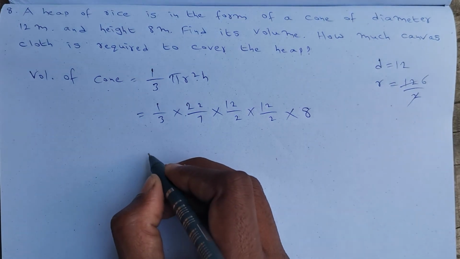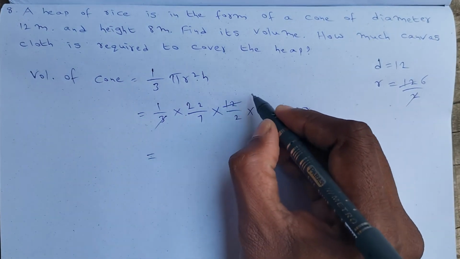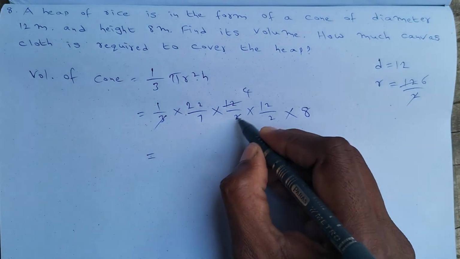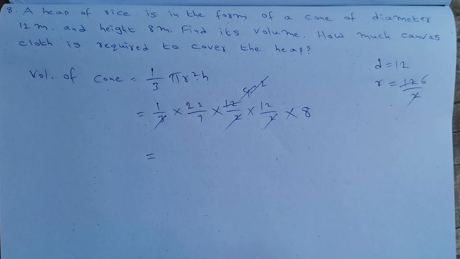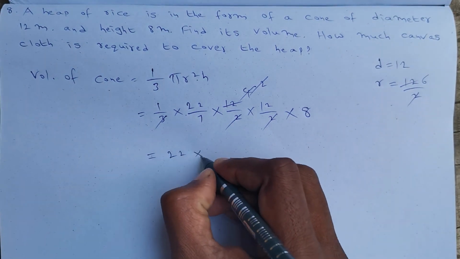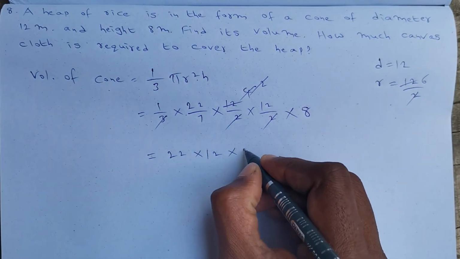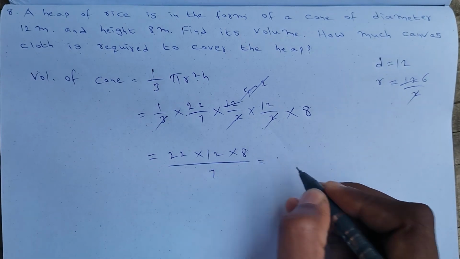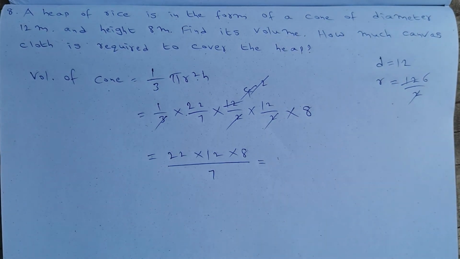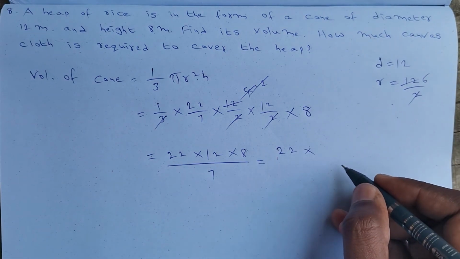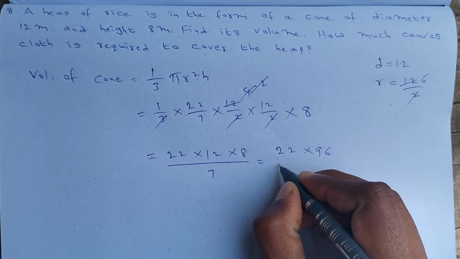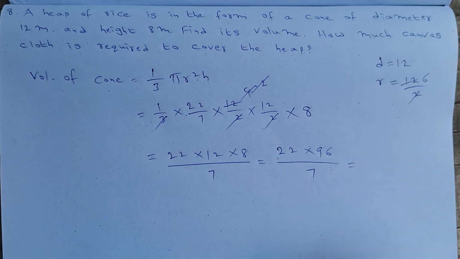Let us do cancellation here. 3 fours are 12, 2 twos are 4. This 2 both will get cancelled. So we remained with 22 into 12 into 8 whole divided by 7. So 22 into 12 8s are 96 divided by 7.